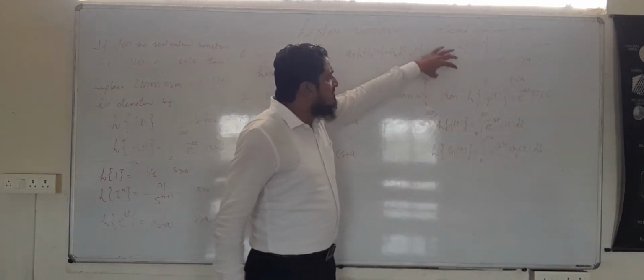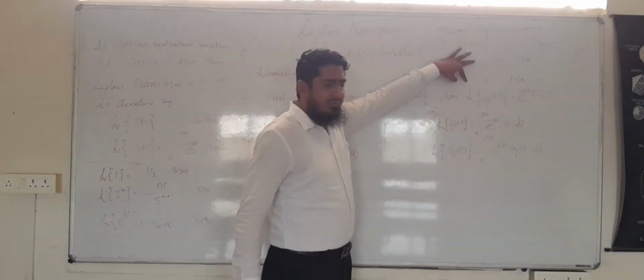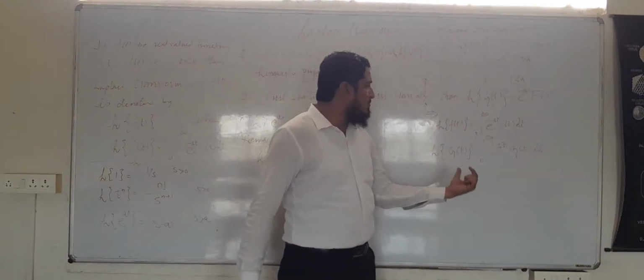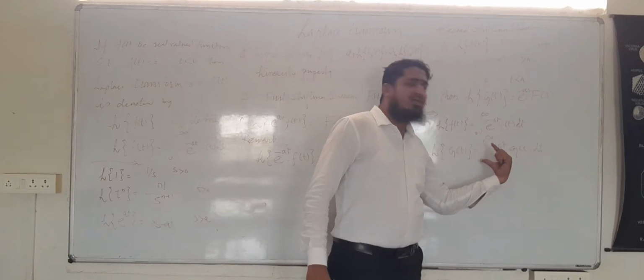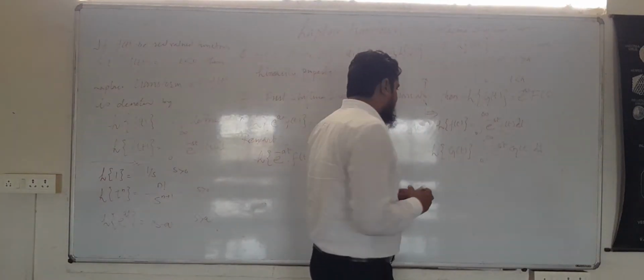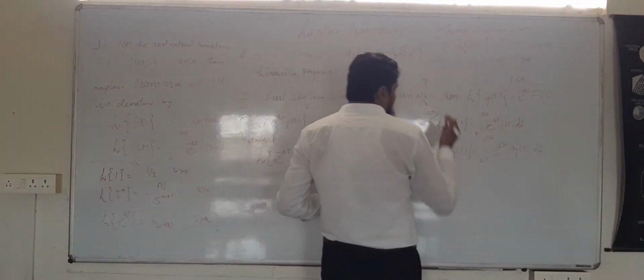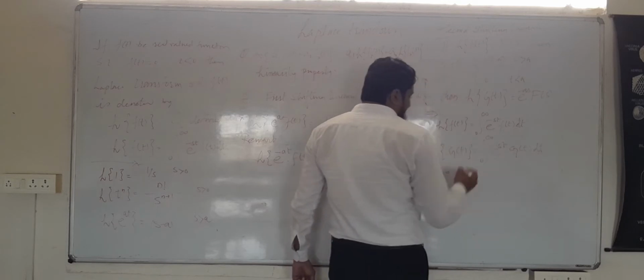Since g of t is defined in two different intervals, we have to break this integration into two intervals such that we can put the values of g of t in each interval.